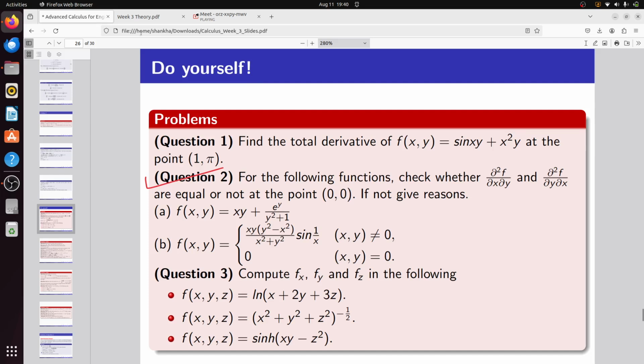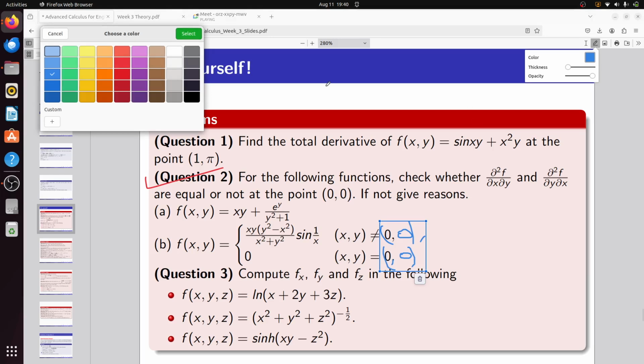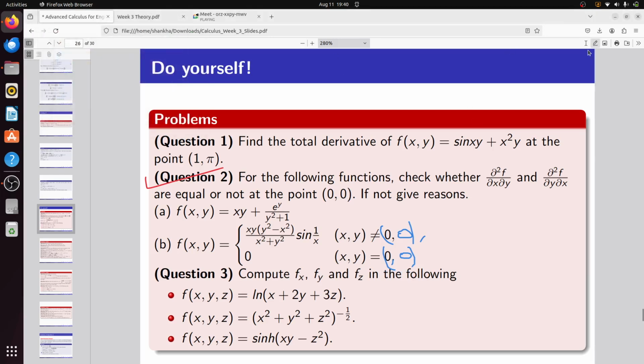But sin 1 by x is not continuous. So you cannot apply the mixed derivative theorem, so this function is not actually continuous.